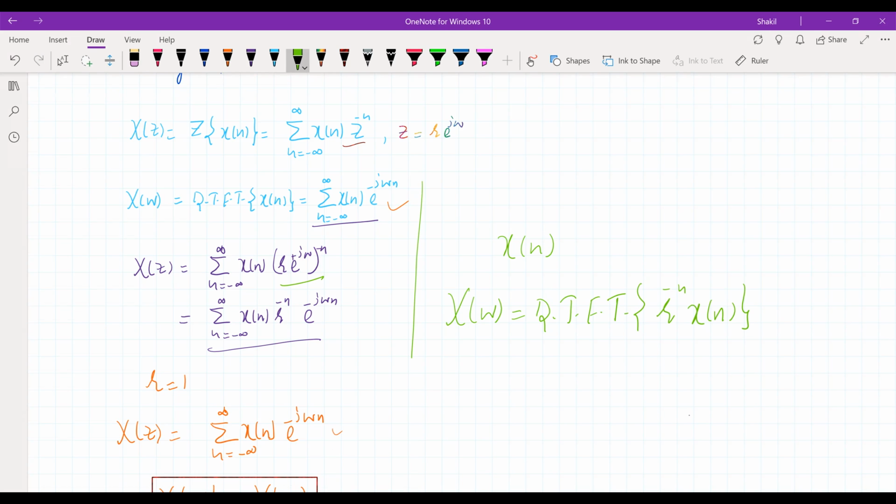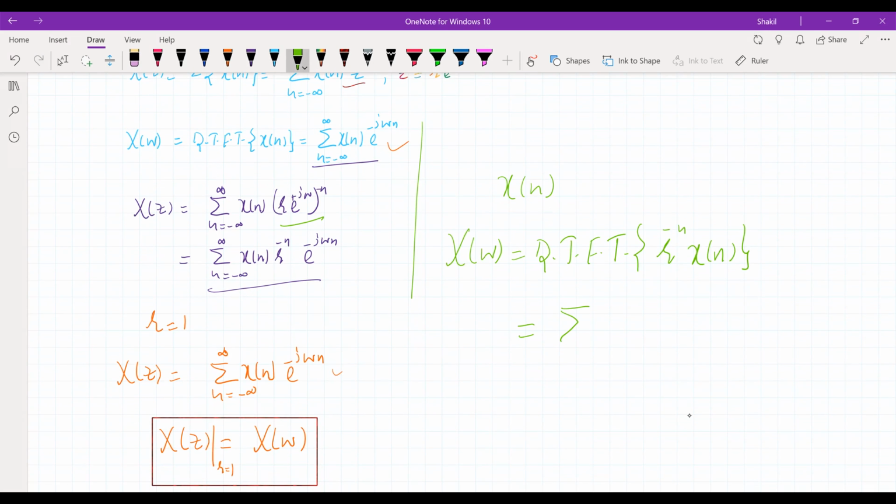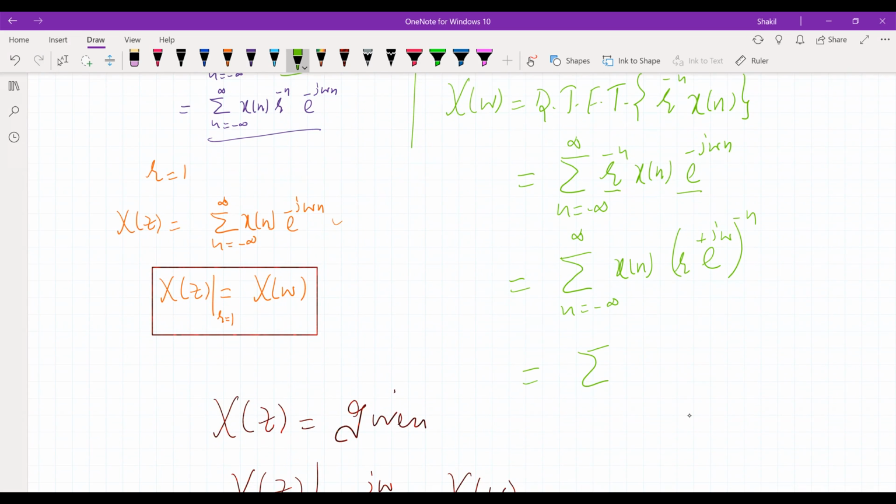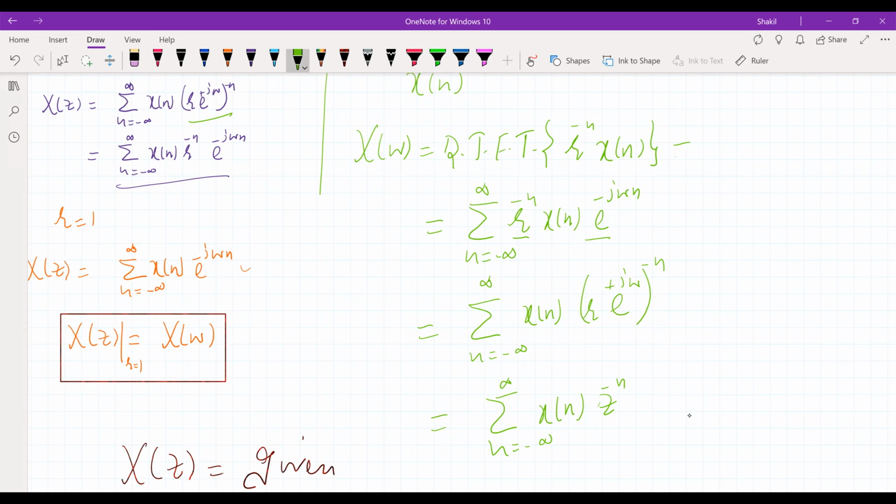Please pay attention. This will be simply summation n running from minus infinity to infinity, r to the power of minus n, x of n, e to the power of minus j omega n. Combining this term with this term, this will be summation of x of n, r e to the power of j omega, to the power minus n, and we know this is the Z transform, with z to the power minus n.